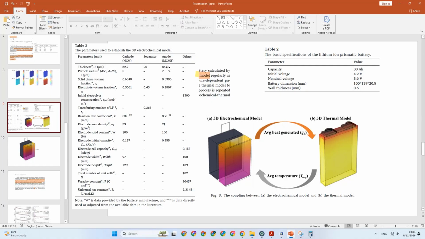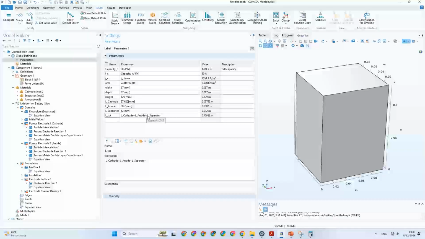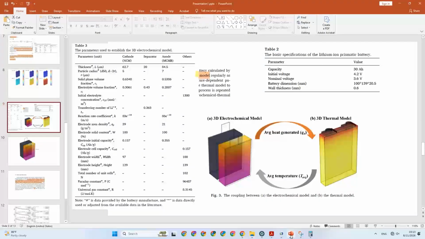I don't know. When we multiplied them, cathode and anode, it's about 87. Separator is about 12. It's about 100 millimeter. I really don't know why this paper is so weird, but it doesn't matter.